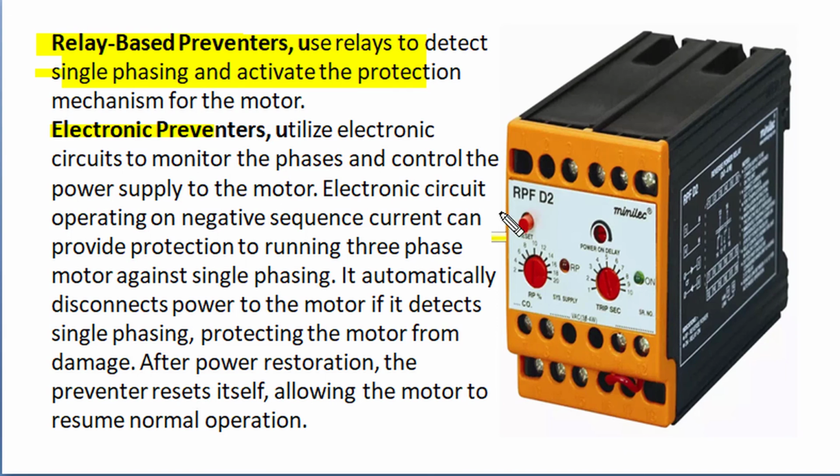And when normal power is restored and all three phases are available to the motor, the preventer automatically resets itself and allows the power supply to get connected to the motor to resume normal operation.